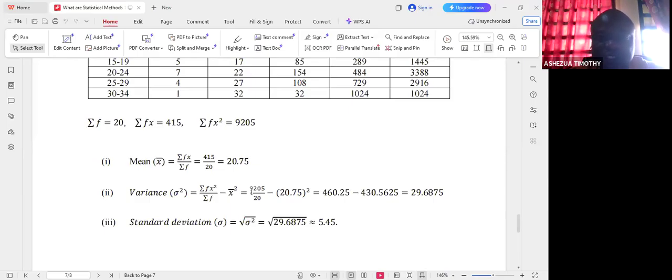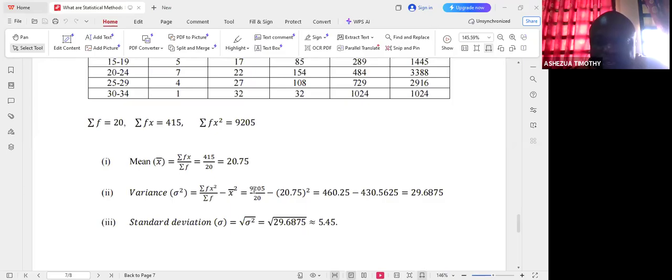Once again, you see, this is the formula. Variance, which is sigma squared, is sum Fx squared all over sum F, minus X bar squared. Your sum Fx squared is here; put it there. Then sum F is 20; you put it there. Your X bar alone is 20.75, so 20.75 squared is there.